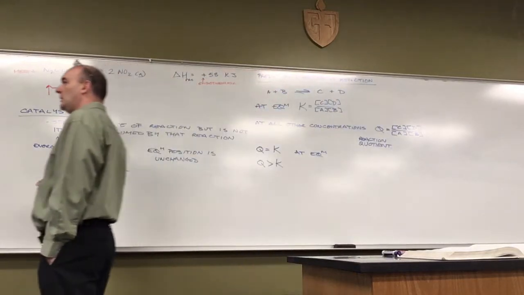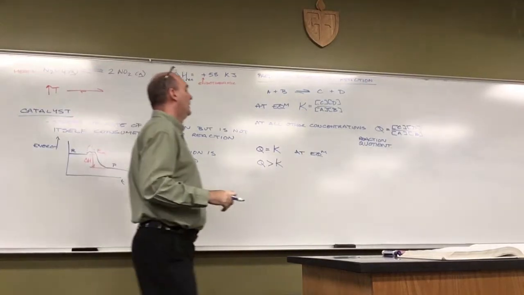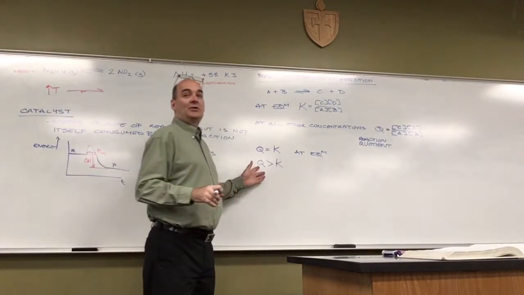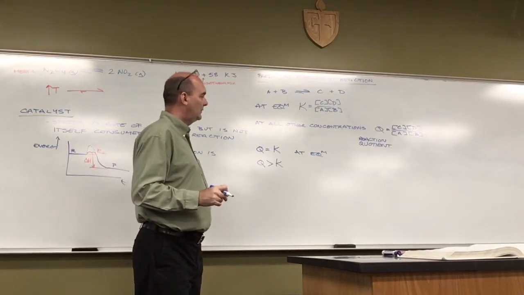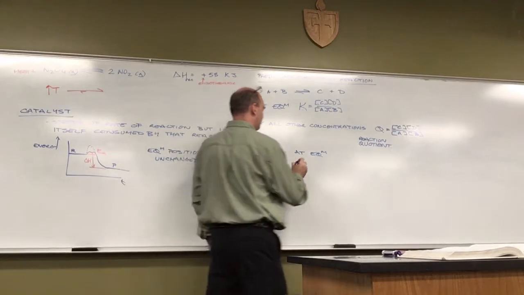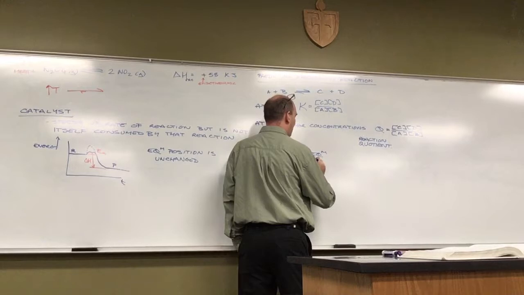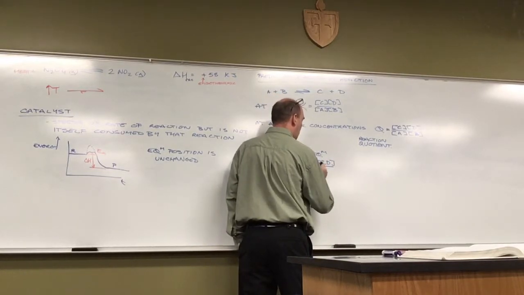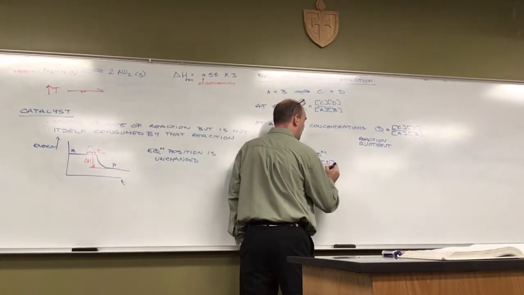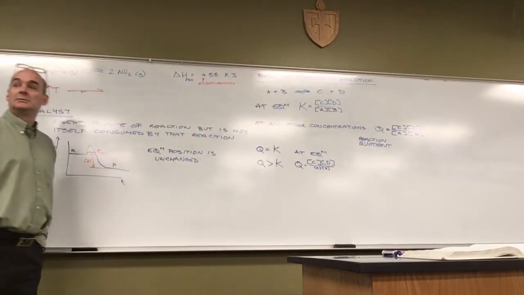Only one possible permutation when Q is ever going to be exactly equal to K. Other times, Q is going to be larger than K. And when Q is larger than K, that is because Q, I'm going to write this symbolically, product concentrations are bigger than the reactant concentrations.